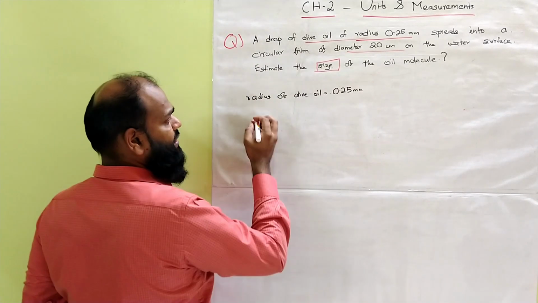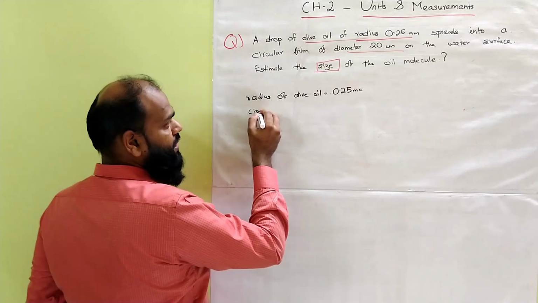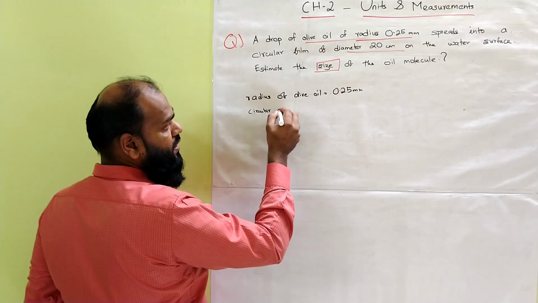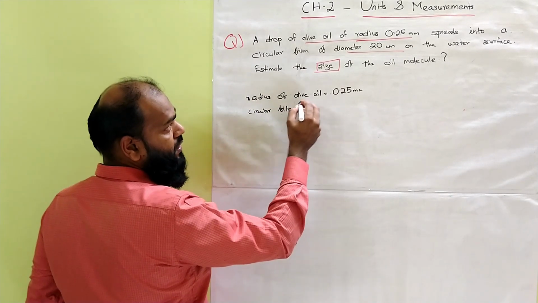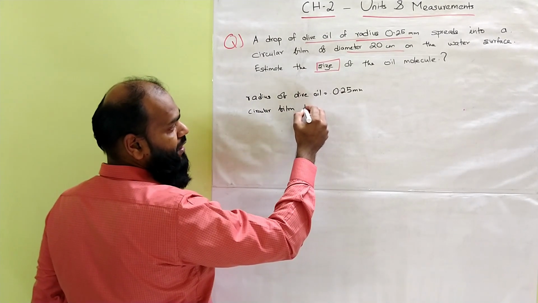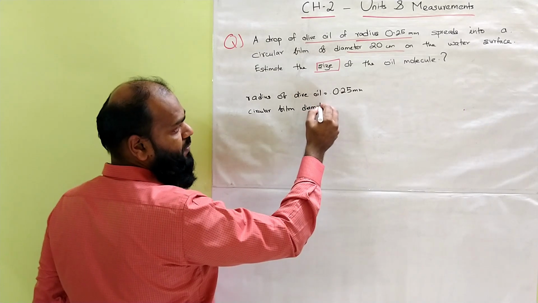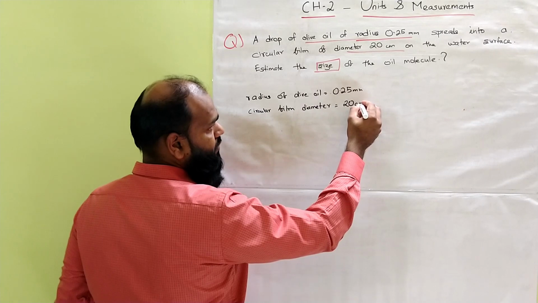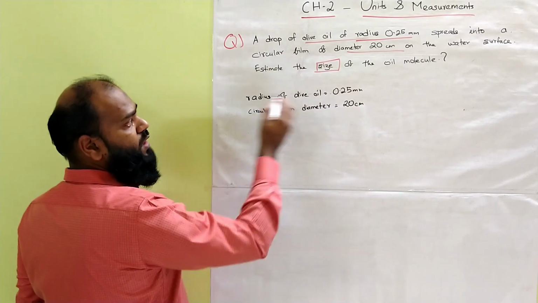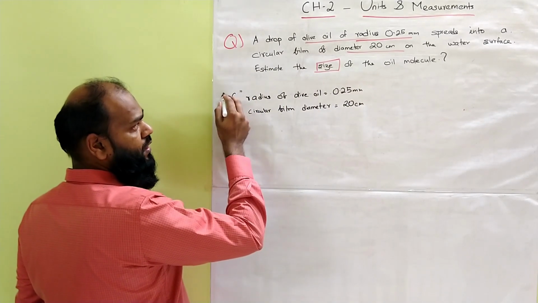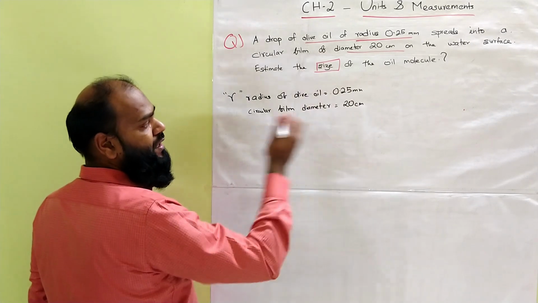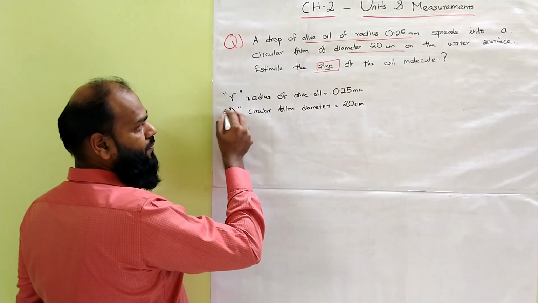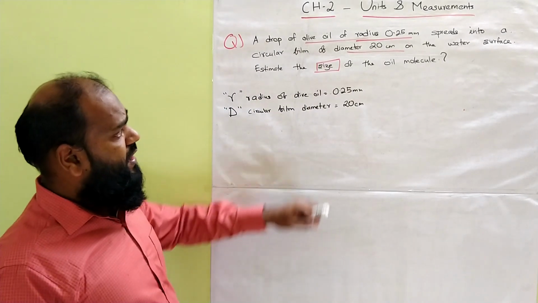Therefore, let the radius of olive oil equal 0.25 mm, and the circular film diameter equal 20 centimeter. So the radius of olive oil be small r and the circular film diameter, let it be capital D. This is the given data.